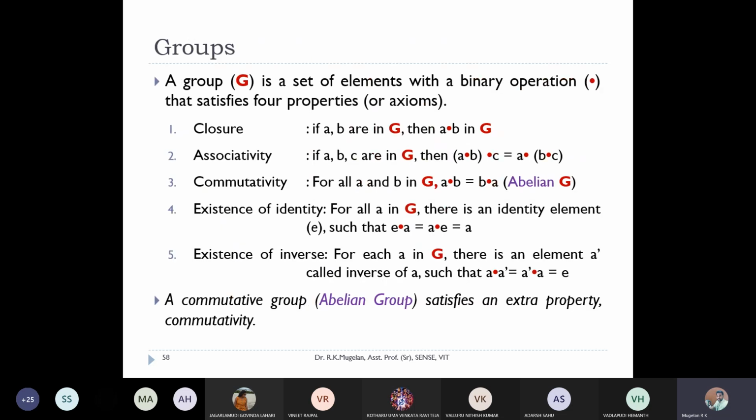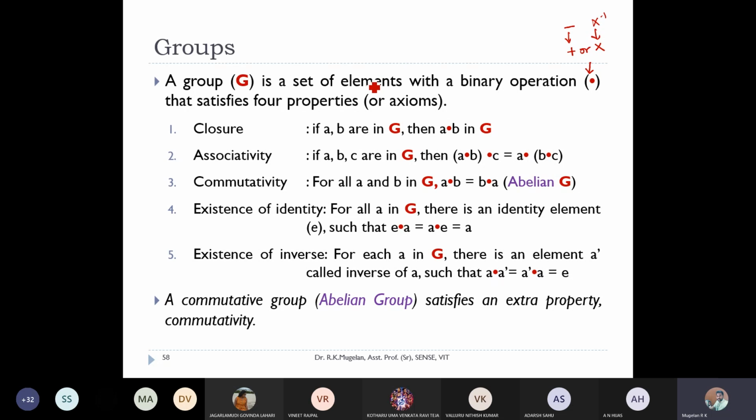To start off, a group is a set of elements along with a binary operation. The binary operation will be either addition or multiplication. They won't use subtraction, because the additive inverse already covers the subtraction part, and for multiplication we use the multiplicative inverse.